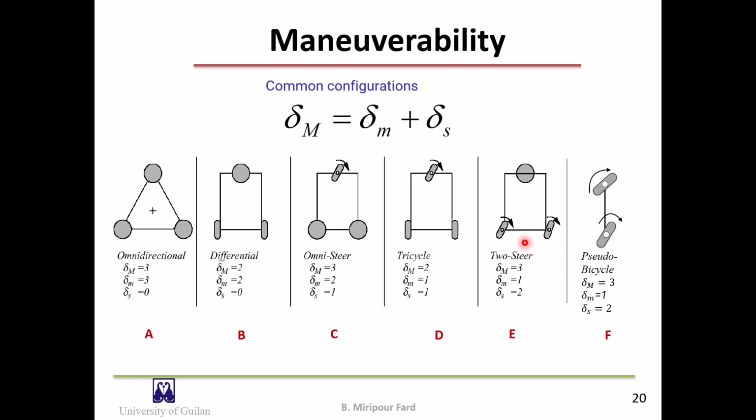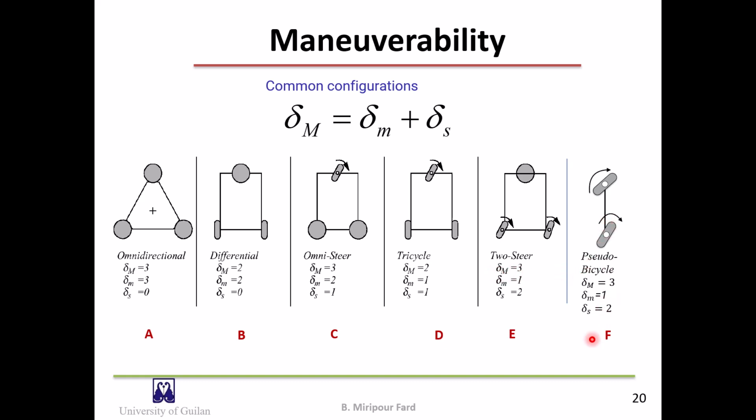In this robot, also the degree of steerability is 2, because they are independent, and degree of mobility is 1, because we can write 2 constraints on sideway motion here. So the degree of maneuverability is 3.